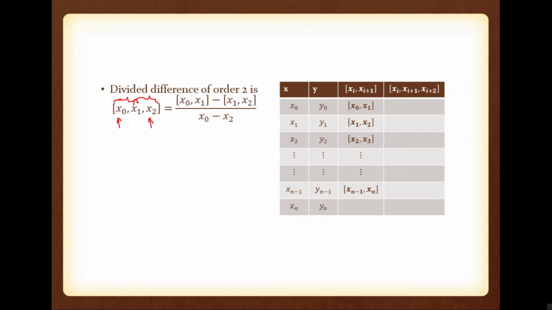I am repeating, from the expression point of view. Is it okay? So first 2 is [x0, x1] minus last 2 is [x1, x2], divided by first element x0 minus last element x2.